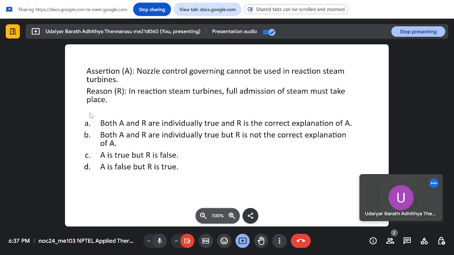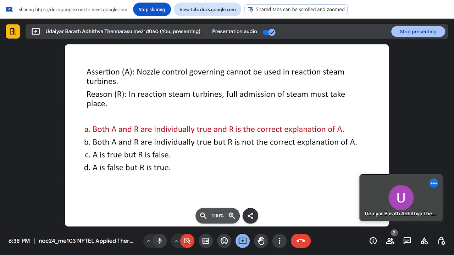The options are: A, both A and R are individually true, but R is not the correct explanation of A. B, both A and R are true, and R is the correct explanation of A. Option C, A is true, but the reason is false. Option D, A is false, but R is true. So for our case, both of the statements are individually true.